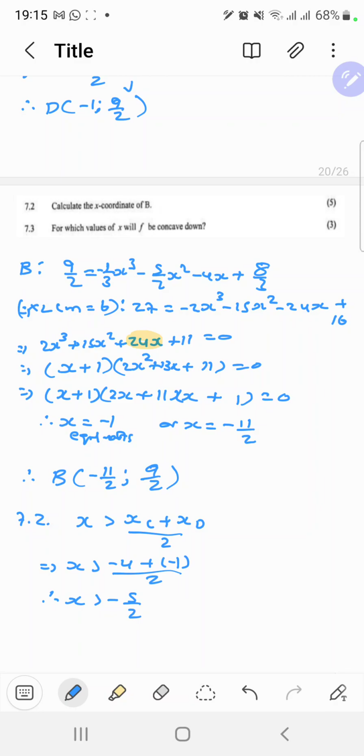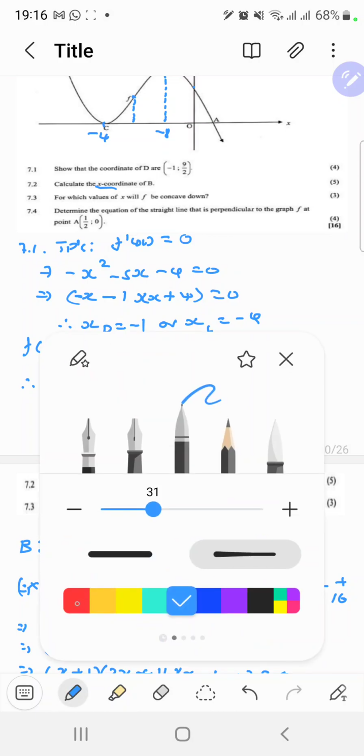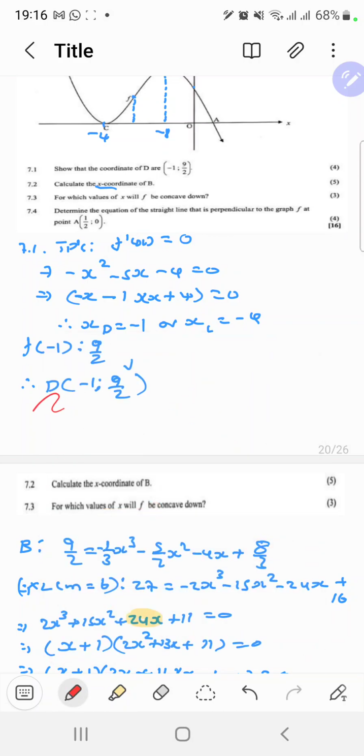This is sorted. You don't want to complicate your life here, doing first derivatives and second derivatives, but you can do it that way. When you do the first derivative, it's going to look something like that. Then, of course, the second derivative here. Remember, for a graph to be concave down, the second derivative must be less than 0.